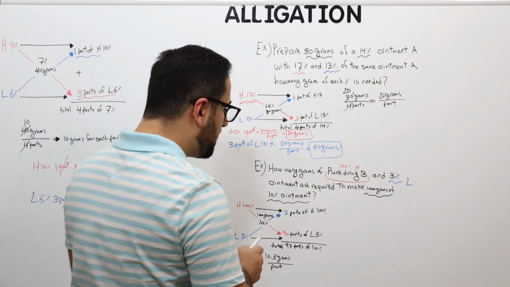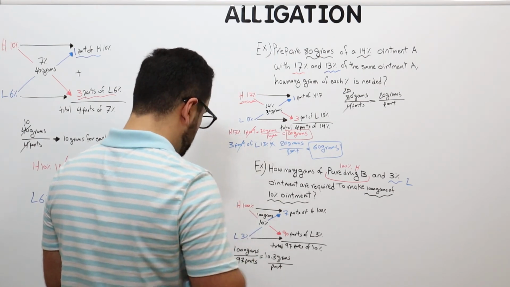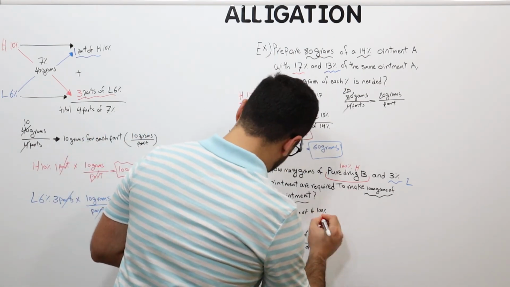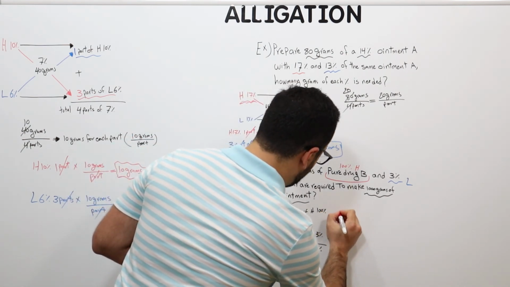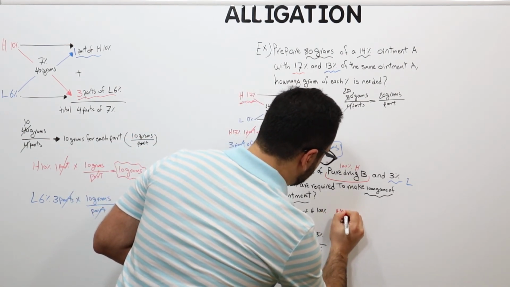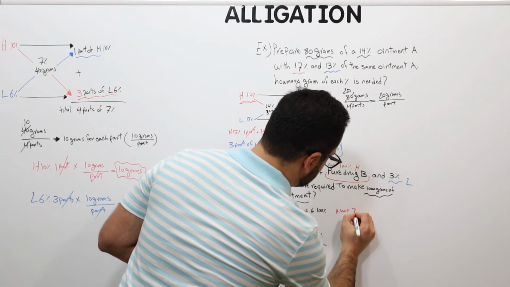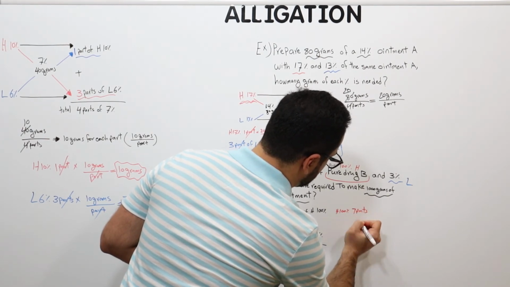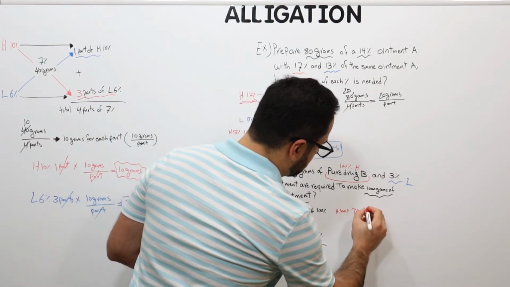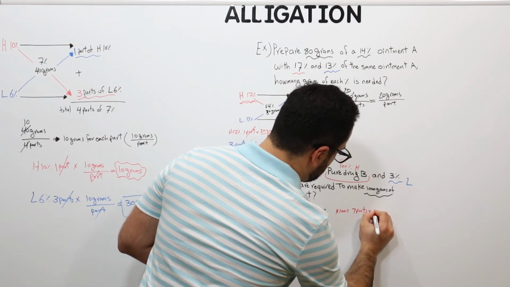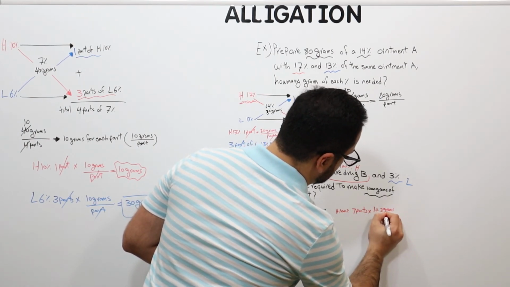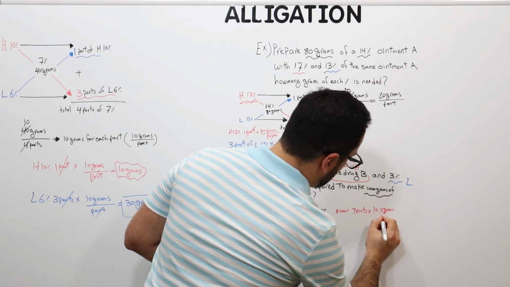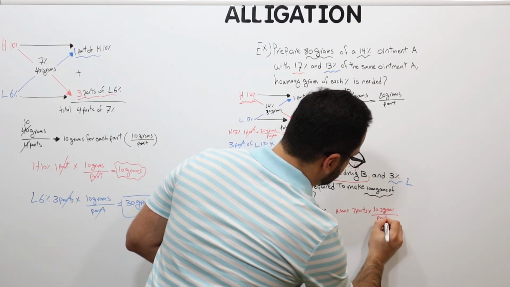So let's move into this step right now. For the high, which is 100%, we need 7 parts. What are we going to do? We're going to multiply 7 parts by 10.3 grams over part.